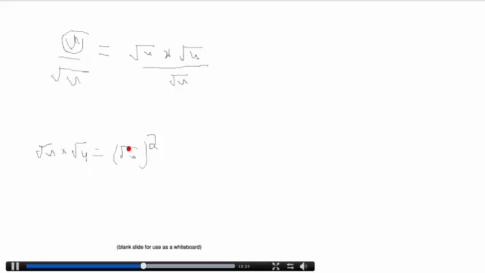But the square and the square root are opposites, so they cancel out, and you're just left with u. So we know u can be written as root u times root u.